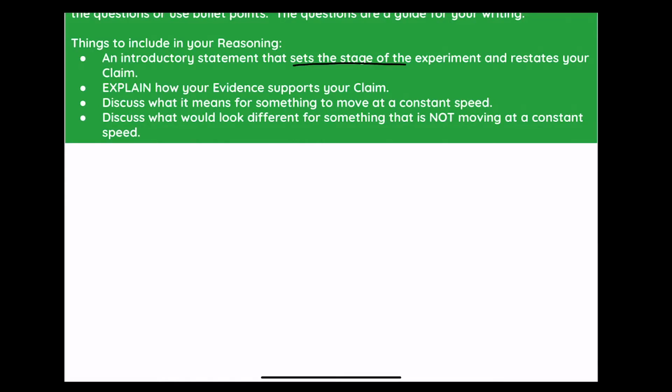The introductory statement sets the stage of the experiment. So describe your experiment maybe a little bit here. So what is it that you did? Maybe you took the time first and then recorded the position, and then maybe you marked off the position and recorded the time.